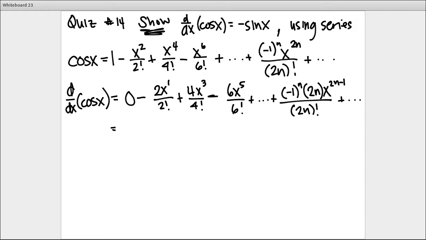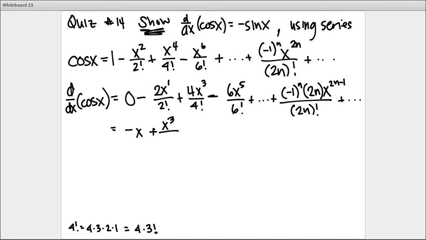When we simplify this, you end up with a negative x and then plus x cubed over 4 factorial. I should write this down here. 4 factorial, remember, is 4 times 3 times 2 times 1, which also means that it's 4 times 3 factorial.